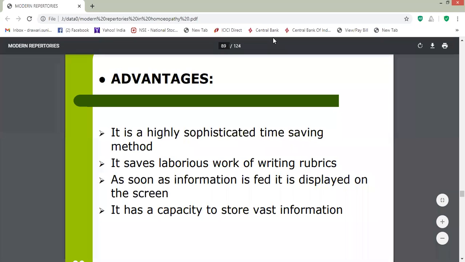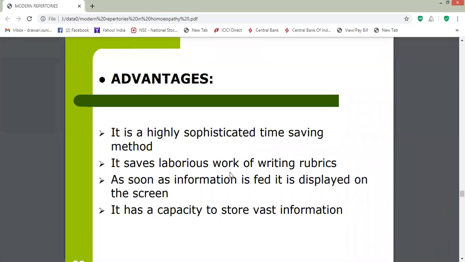It may go wrong. It can go wrong very often. A doctor habituated with the computer will be computer dependent. He cannot do proper repertorization manually.